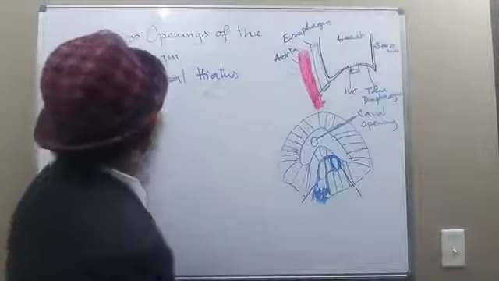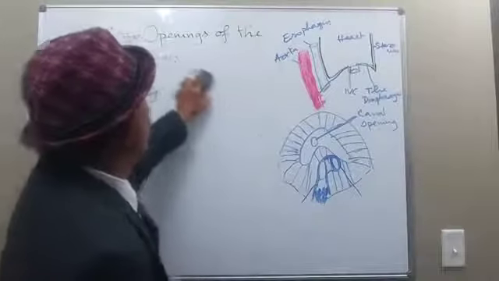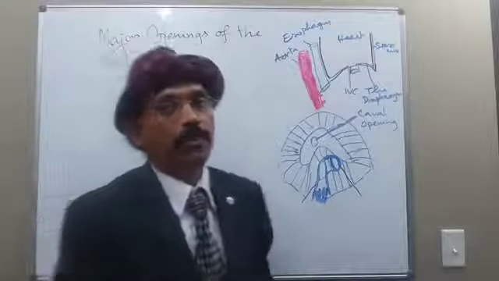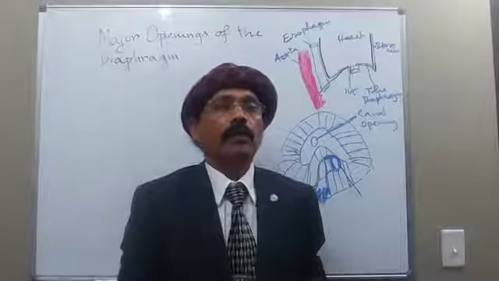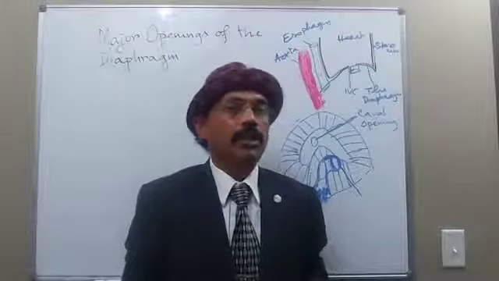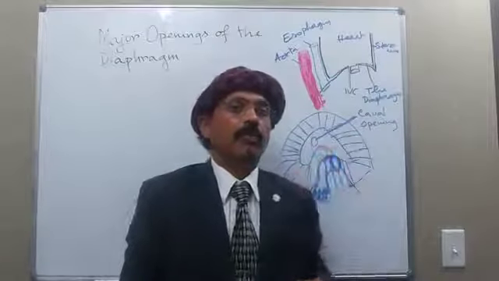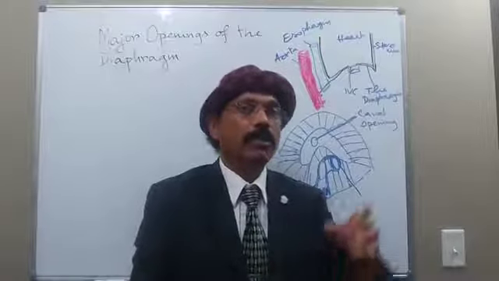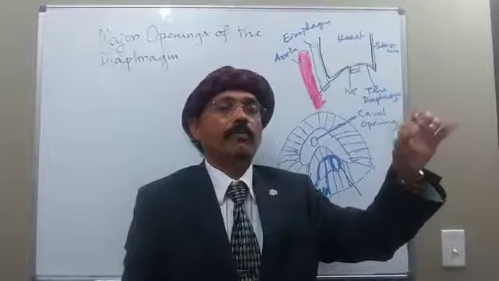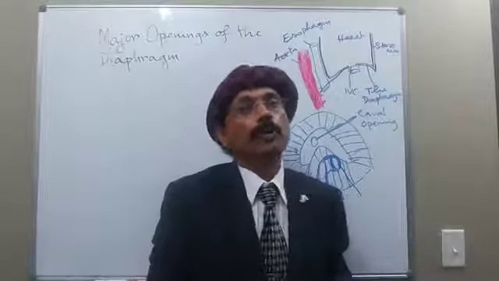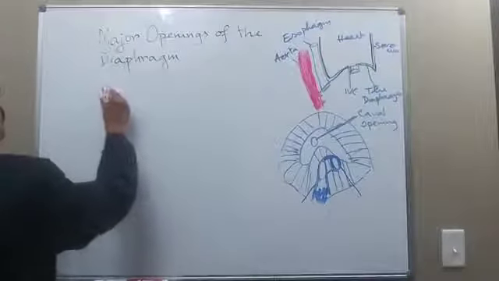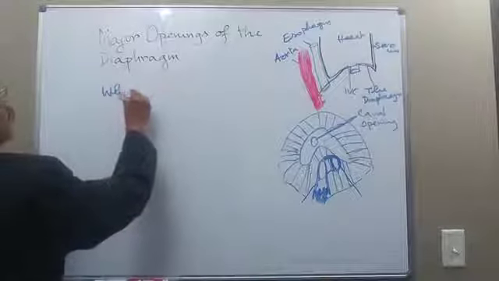Okay, we got the esophageal opening of the diaphragm and we know that it is surrounded by the right crus of the diaphragm that works as a physiological sphincter along with the circular muscle layer in the lower part of the esophagus. That is the physiological sphincter, but the right crus of the diaphragm has some role. So what happens when the right crus contracts?